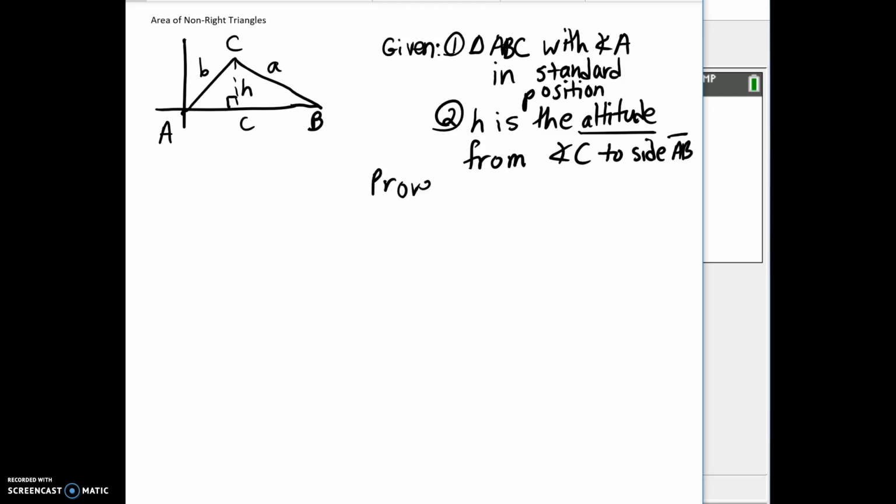We are going to prove the area of triangle ABC is 1/2 BC sine A.